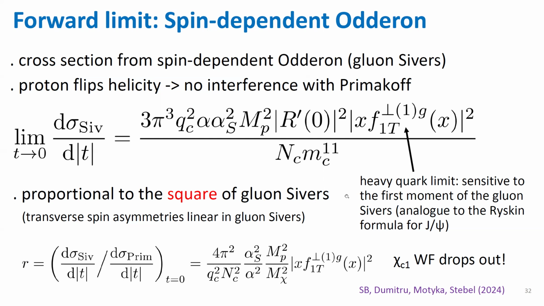But I think this is a beautiful formula, and it's analogous to the Ryskin formula that we have for J/psi. It's important to emphasize that it's proportional to the square of the gluon-Sivers function, whereas the spin asymmetries are linear in this function, so it's even more sensitive in principle. Okay, now I want to make a ratio of this cross-section and this cross-section, which will be useful later on, and denote this by small r.